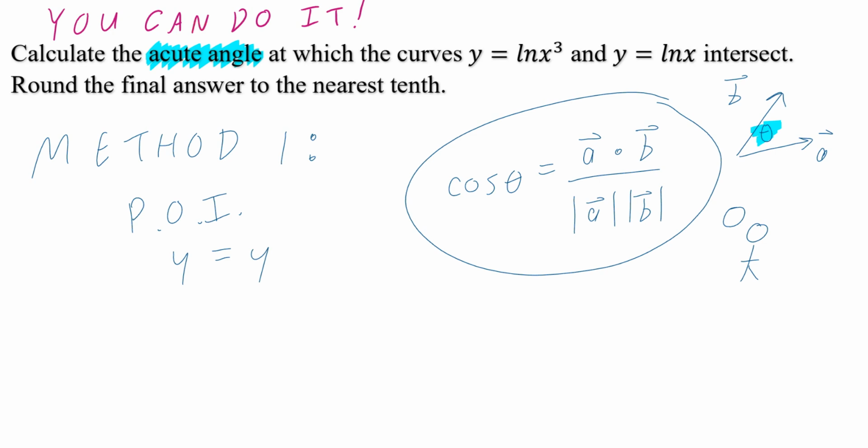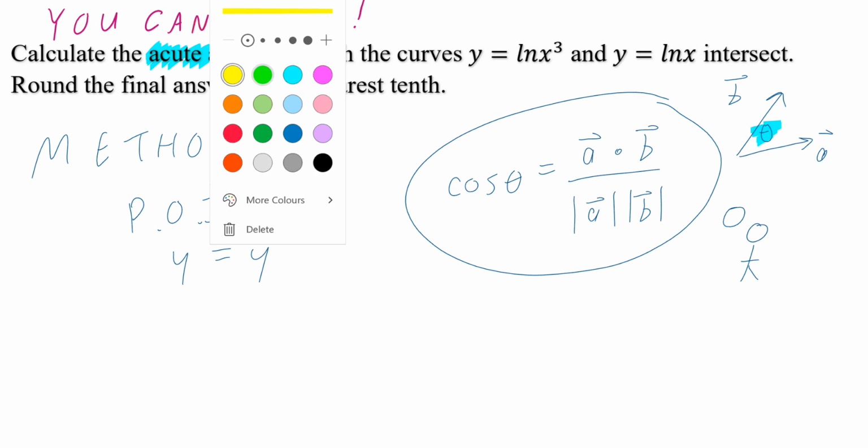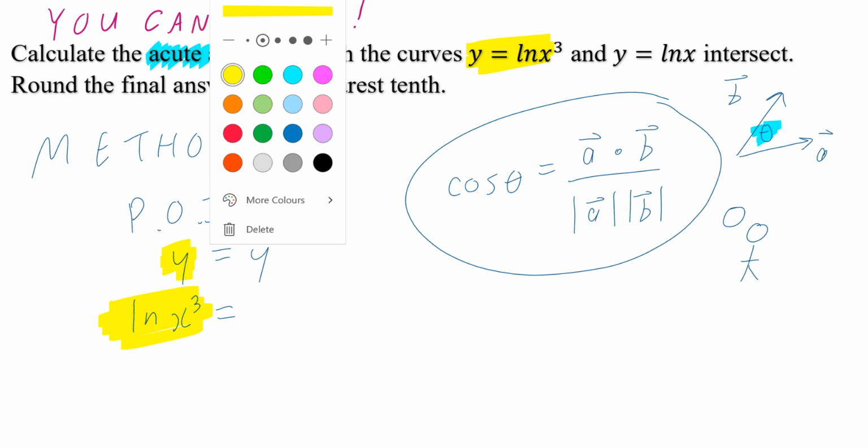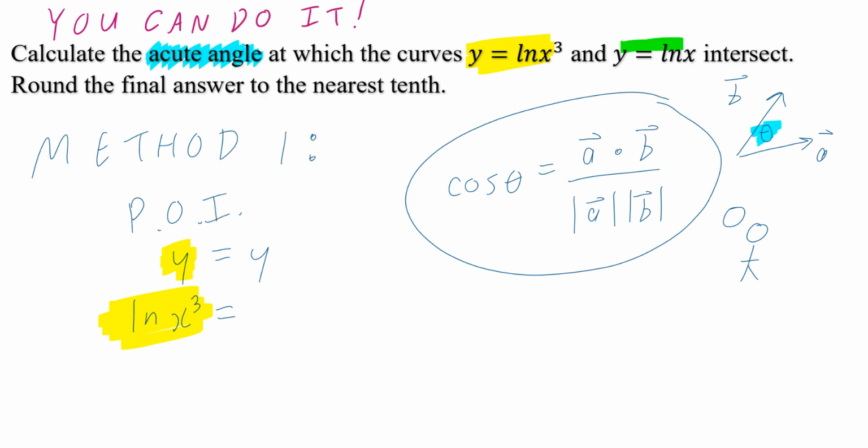Y equals y. And again, let's make sure no one's left behind. On the left-hand side, this is going to be y, which is ln of x to the power 3. On the right, this is going to be y equals ln of x.